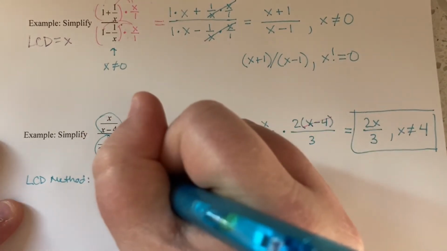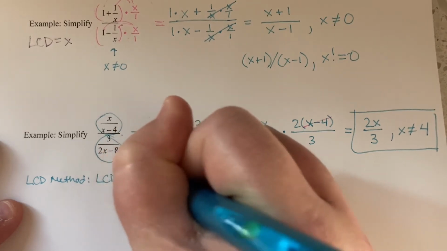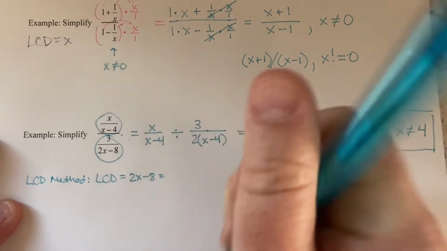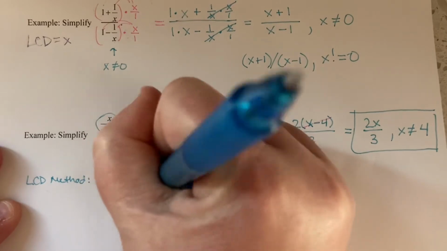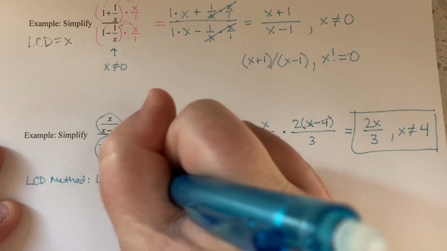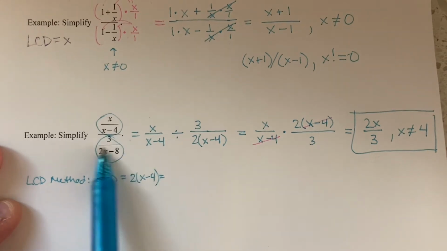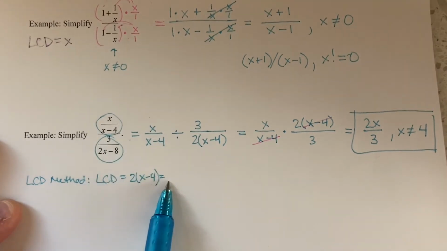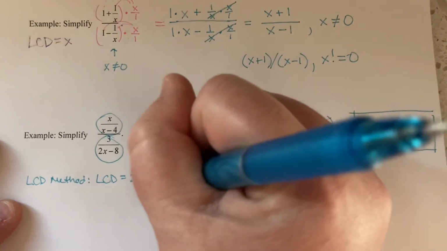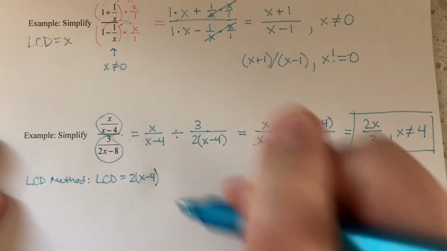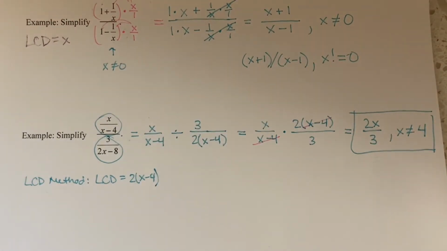So I'm going to multiply by 2x minus 8, which, well, I'm going to put it in factored form. Because the LCD is 2 times x minus 4, because that would incorporate both the x minus 4 and the 2x minus 8. So that's what I'm going to multiply both top and bottom by. So let's do it.